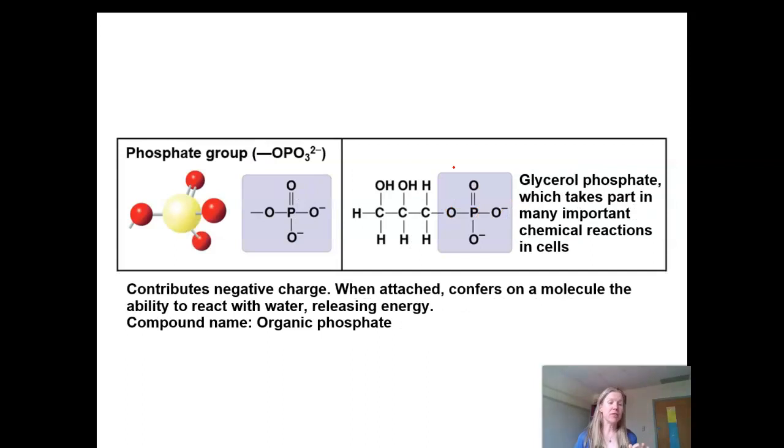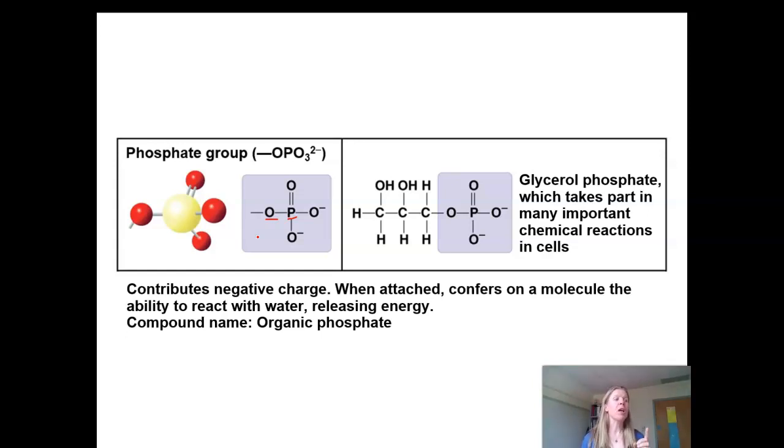Okay, phosphate group. This is one you will see a ton. Definitely want to pay attention to this. Here you have an oxygen attached to a phosphate, which has 3 more oxygens, right? So that's a phosphate. You will see a lot of places in biology where these phosphate groups are added and taken off, and it activates enzymes and things like that.